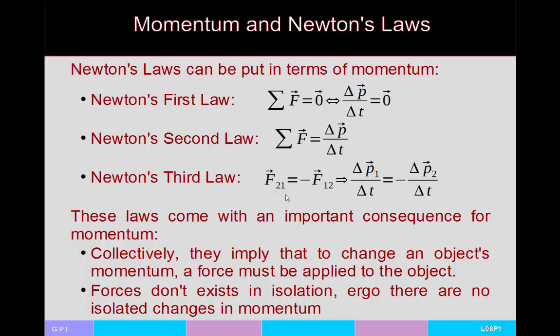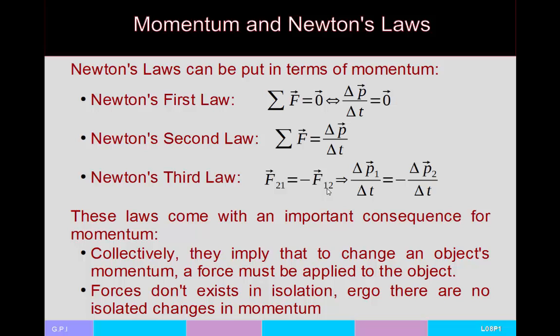So now let's look at Newton's third law. So that one said that force 2(1) equals force 1(2). And so if you basically note that 2(1) is the force from 2 applied to object 1, and force 1(2) is the force from object 1 applied to object 2.